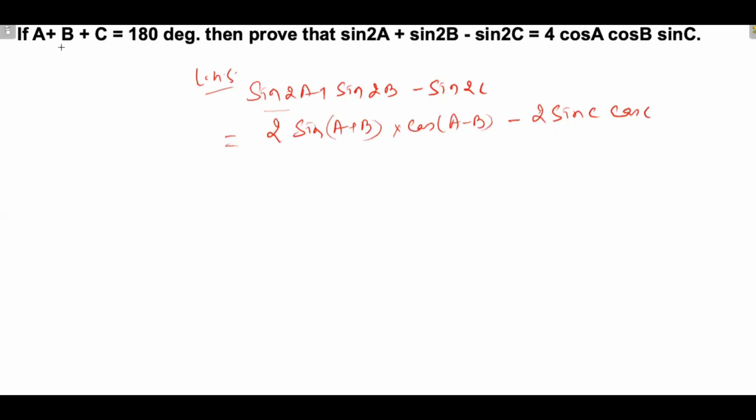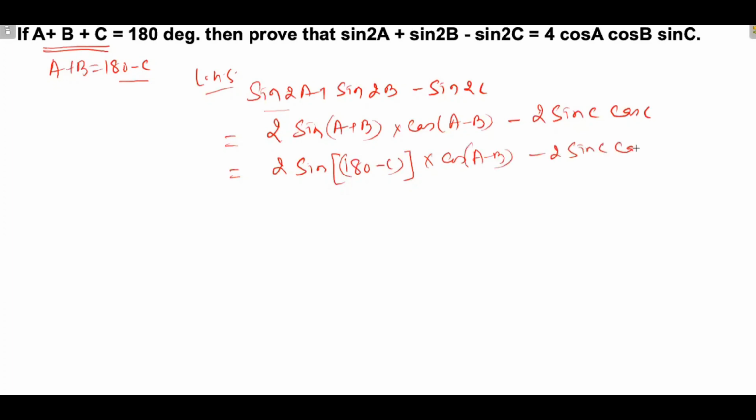Now what I'm looking at is that A plus B is actually equal to 180 degrees. So I can say that A plus B is equal to 180 minus C as well, right? Then I can write this as sin of 180 minus C, into cos of A minus B, and this will be minus 2 sin C cos C. I can write this 2 sin (180 minus C) as, what can I write it as? 180 minus C would be what?